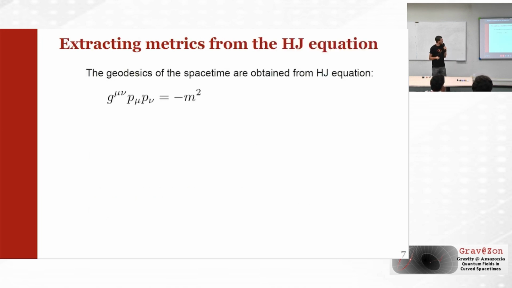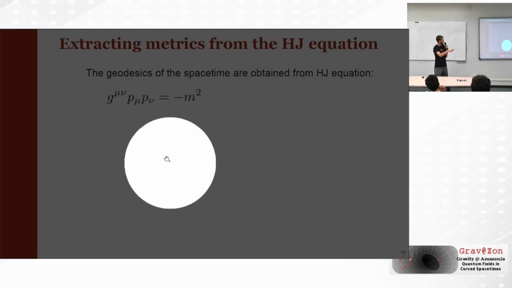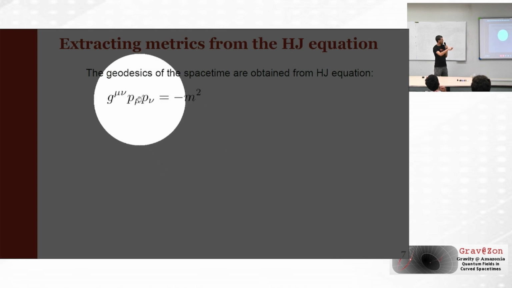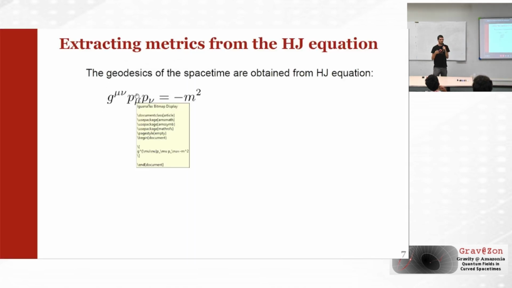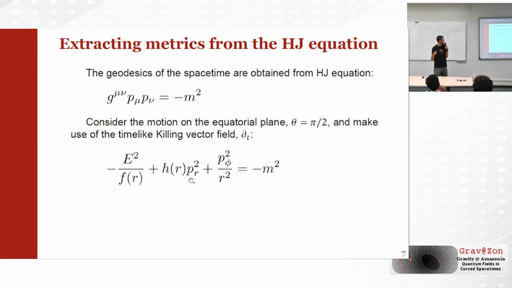So now, how can we extract the metrics? We want metrics that describe the geodesics of the spacetime, and we know that the geodesics of the spacetimes can be obtained by the Hamilton-Jacobi equation, which has this form in very compactified notation. If we use the line element I showed you before and expand this expression, what we obtain is this one.